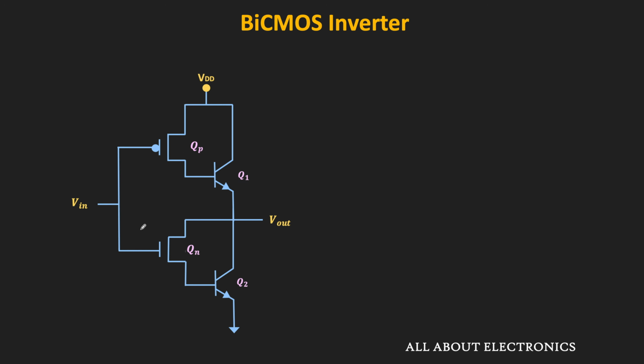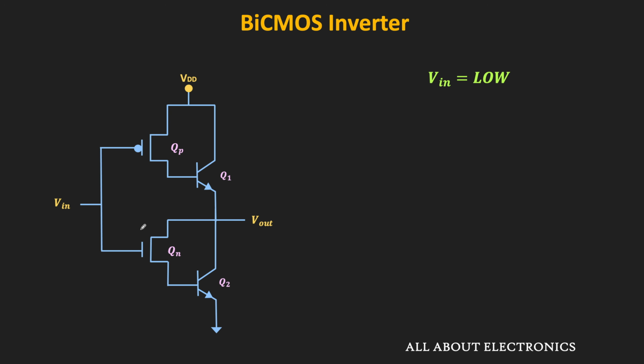In this BiCMOS inverter, when the input is low or logic 0, the PMOS transistor will get turned on while the NMOS transistor will remain in the off condition. So the PMOS transistor will act as a short circuit while the NMOS transistor will act as an open circuit. Since the PMOS transistor acts as a short circuit, the voltage at the base of transistor Q1 will be close to VDD, and therefore Q1 will get turned on.